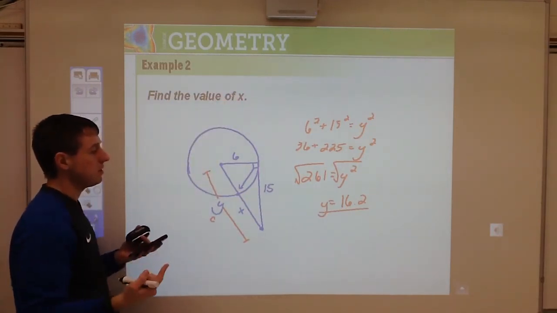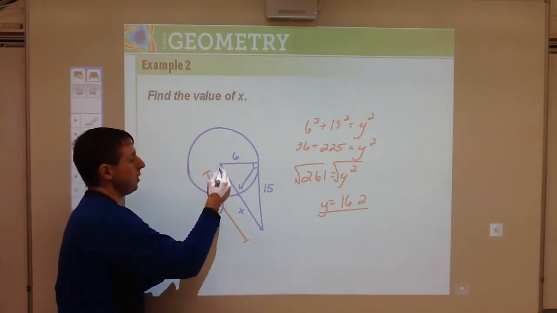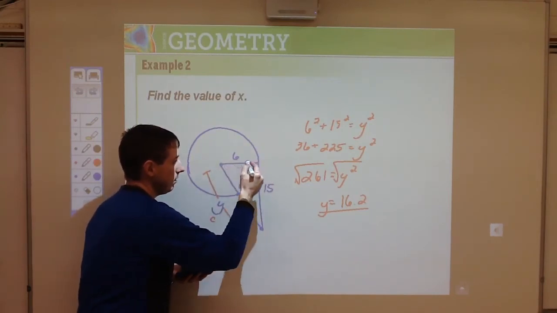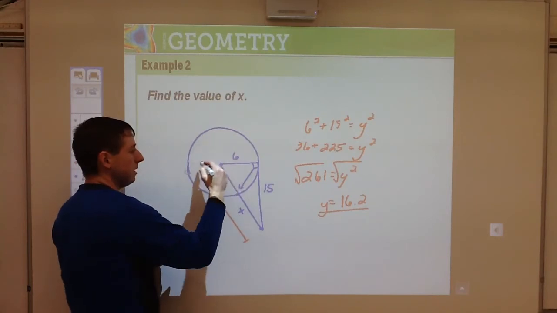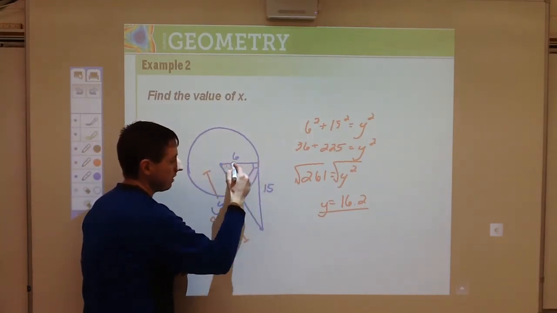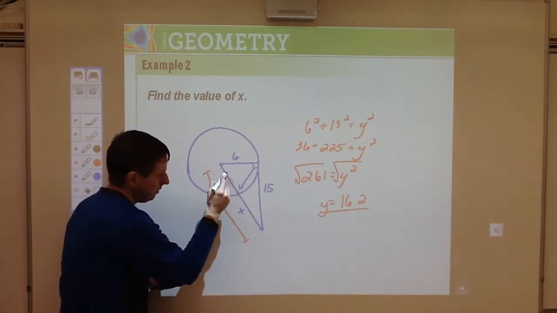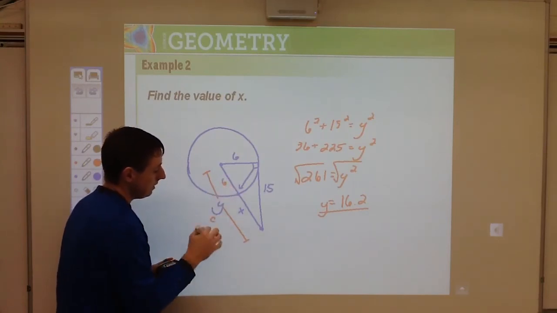Now some of you guys might be able to see what to do from here, but obviously I can't really talk to you. So the way we're going to do it, if this is a radius, remember in a circle, every radius is the same length. So if this radius here is 6, then this radius is also 6. So I put that in there, that's 6.